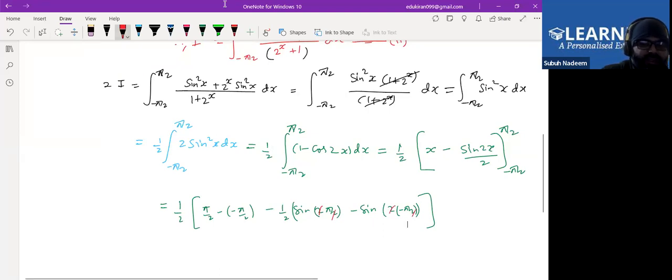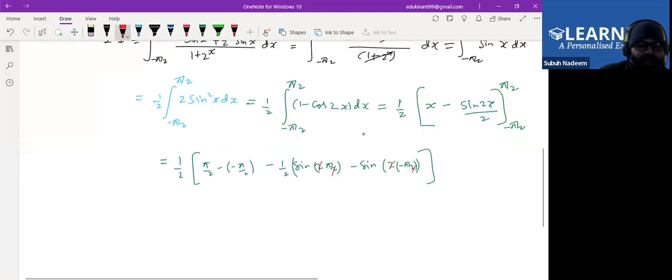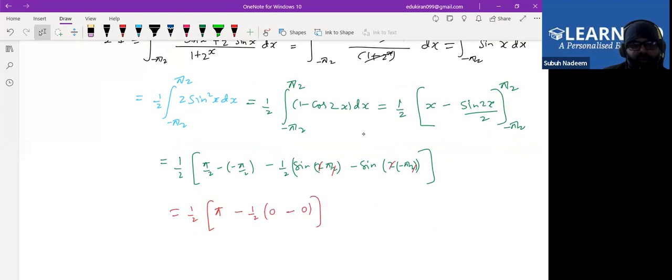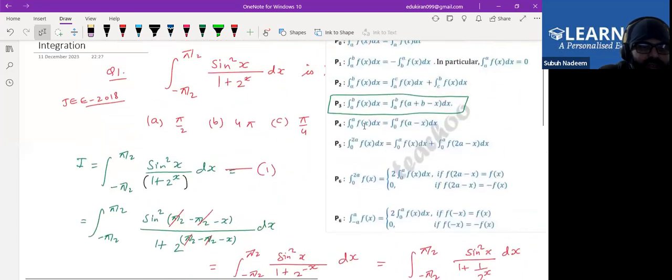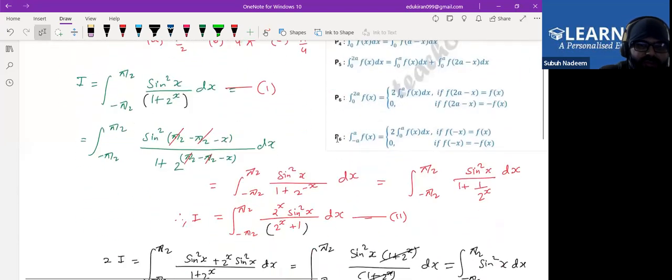And then we have 1 by 2, pi by 2 plus pi by 2, it will become pi. And this is half sine pi will be 0, sine minus pi will also be 0. Or you can say sine minus sine outside, so plus sine pi. So sine pi plus sine pi, 0 plus 0. So it is pi by 2. So this is 2I, which means I is equal to pi by 4. So the correct option is option number C, which is pi by 4.